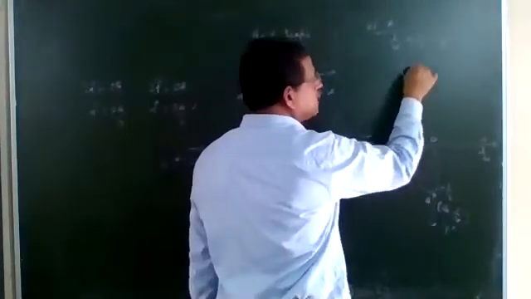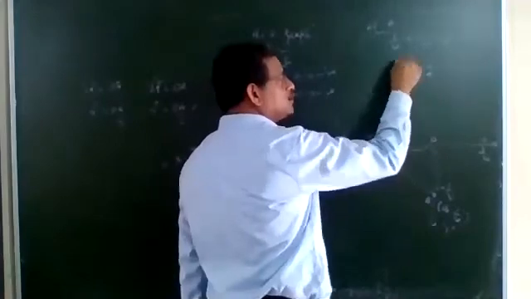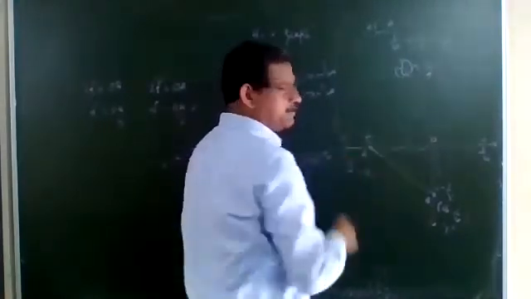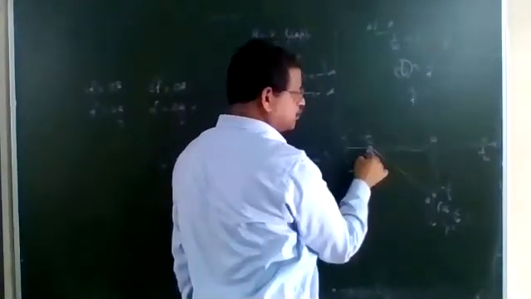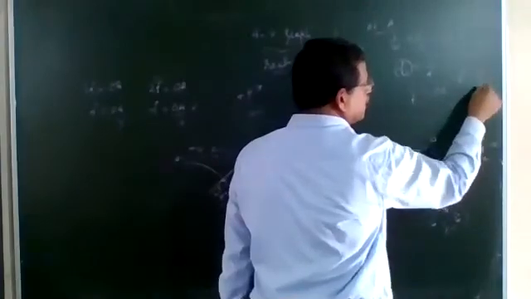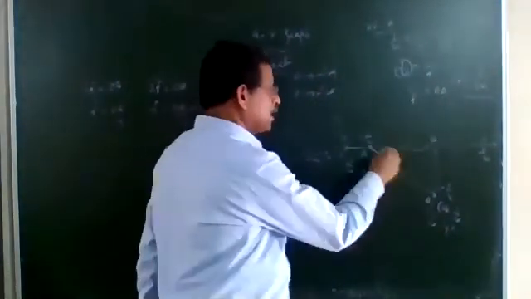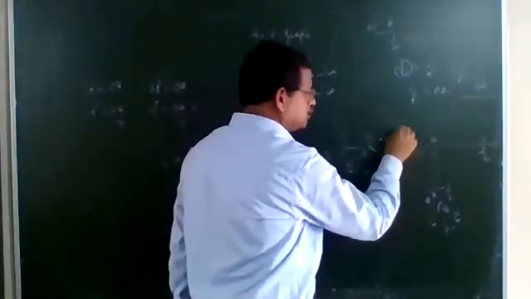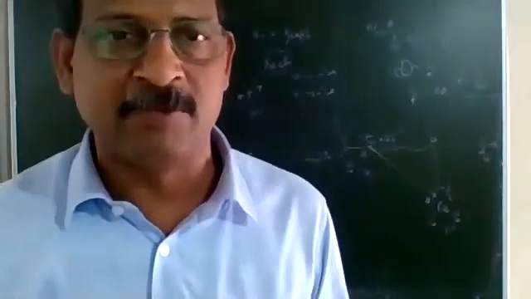So 1 by u is equal to 1 by f, and 1 by u is proportional to OA. So f is equal to the reciprocal of OA. Suppose OA is 0.02. What will be the focal length from the graph?